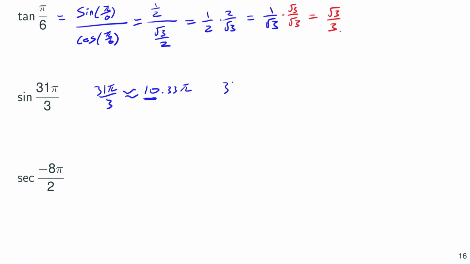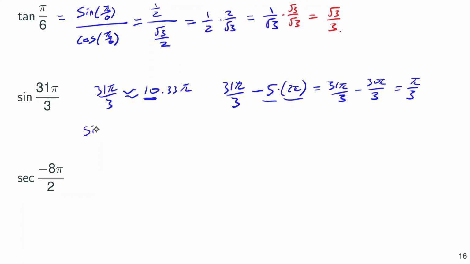So from 31 pi over 3, we can subtract 5 full rotations, like this. Then we can have a common denominator. This is 10 pi, which is 30 pi over 3, which leaves pi over 3. So pi over 3 is coterminal to 31 pi over 3.